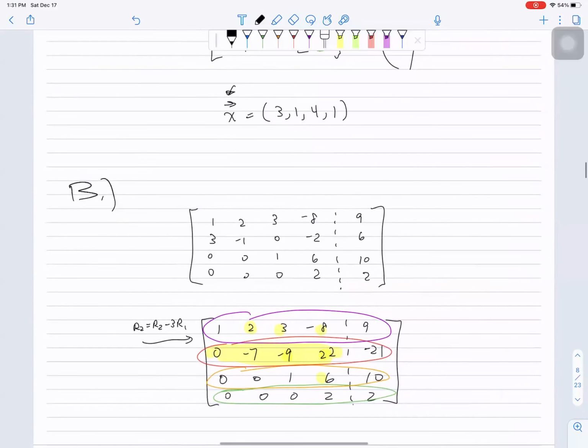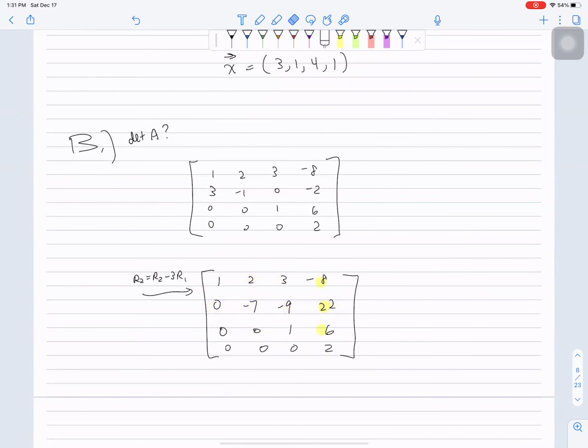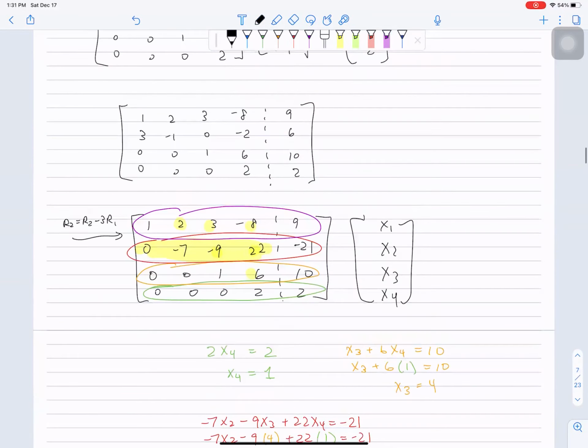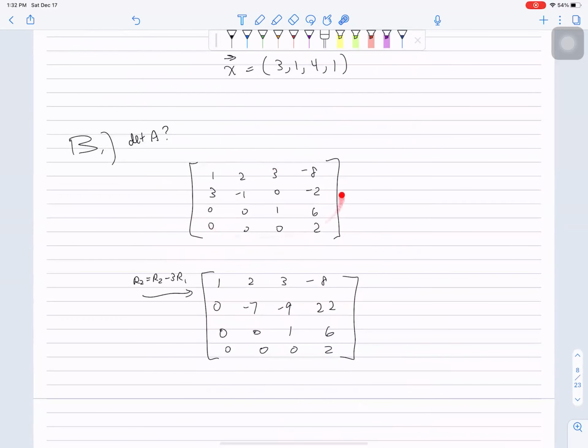I'm trying to find the determinant of A right now. So I can ignore B because I'm not looking at B. I'm just looking at my matrix A. And we started off with the top matrix there. This is my matrix A.